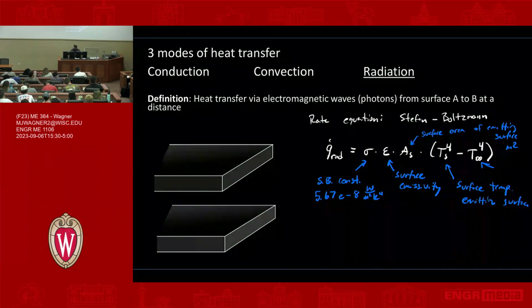And then T infinity is like the ambient or surrounding temperature. Okay, it's really important for this particular equation that you use units of Kelvin. Temperature has to be in units of Kelvin. If you do it in Celsius, it's wrong, okay?